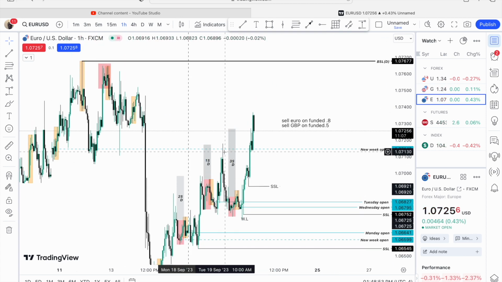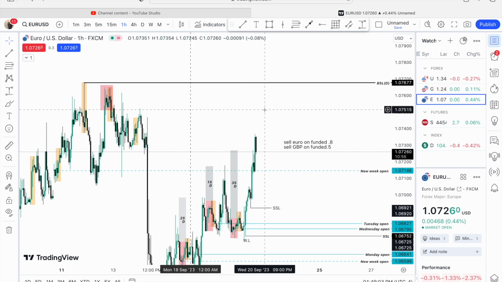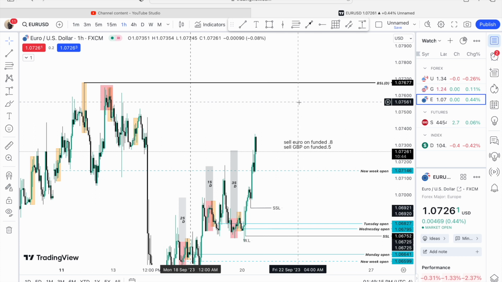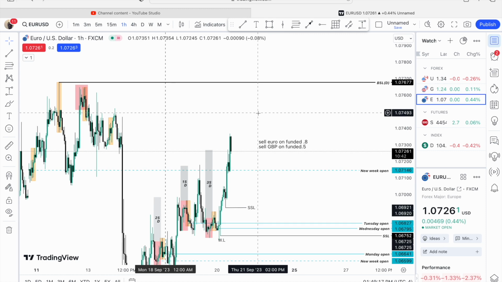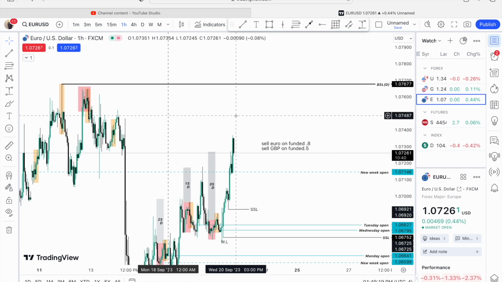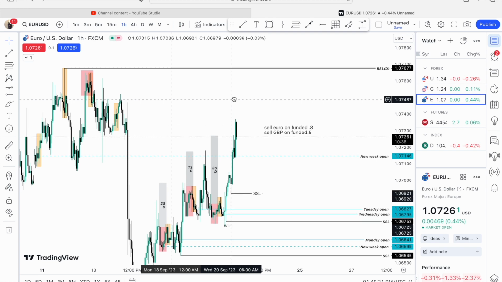So for Euro, Tuesday's high went, and today we're trading up. I wouldn't be surprised if Tuesday gives us the high of the week. So after the news drivers come in, I would enter one trade, one pair, and we would just hold for TP, and then next week we would be back in depending on how we close.